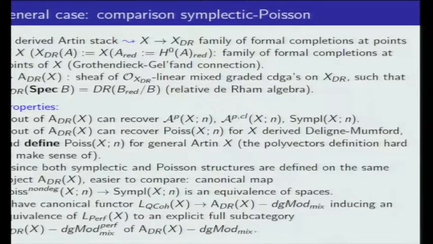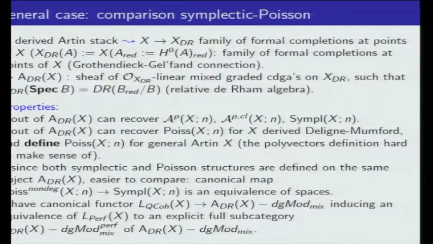Then you can define what I call A_dR of X, which is a sheaf of O_{X_dR}-linear mixed graded CDGAs on X_dR. The property is that the value on Spec B is just the derived de Rham algebra that I defined before, B reduced relative to B. Out of this thing, you can recover the p-forms on X, closed p-forms, symplectic forms, just using this sheaf of O_{X_dR}-linear mixed graded CDGAs.